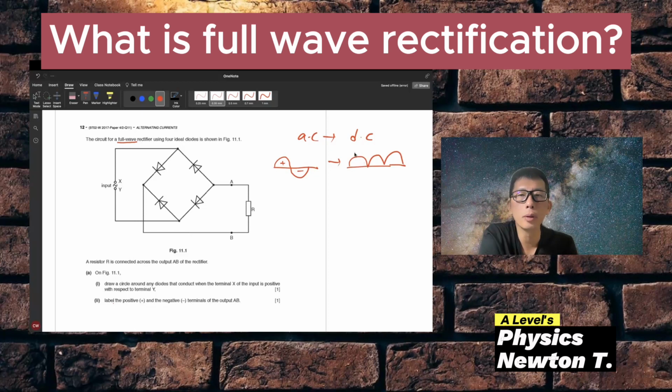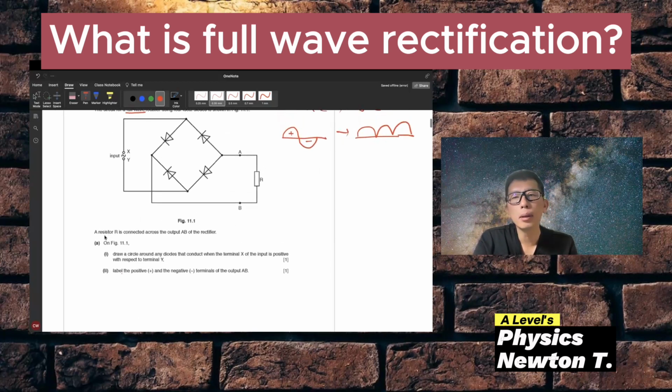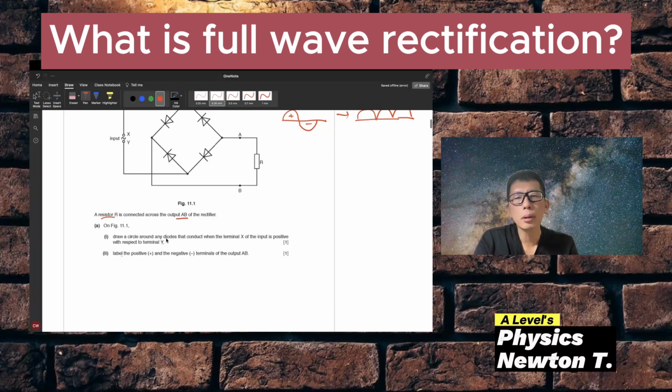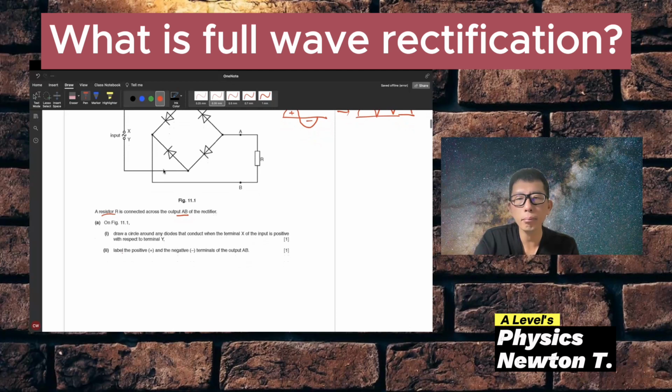Okay, full-wave rectification. First you have to see resistor R is connected across AB. This is the position of A and B. Draw a circle around the diode that conducts when S of the input is positive with respect to Y. So you have to understand how the current flows.